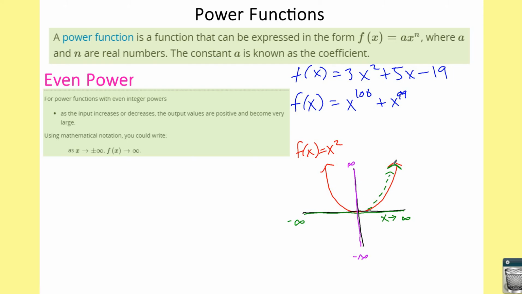So as we go up that arrow, as x is going towards infinity, the y is going towards infinity. And that's what this is saying. As x is going towards infinity, f of x is going towards infinity. So as x is getting bigger, y is getting bigger.